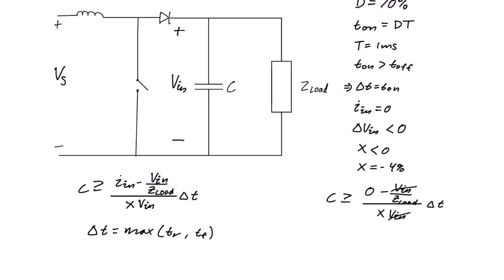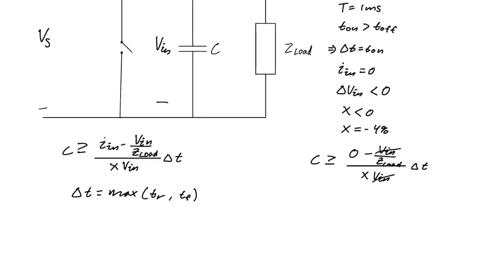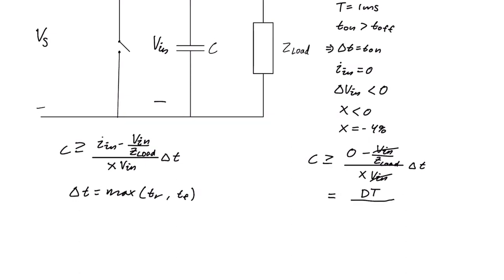It will cancel each other. So that leaves us with delta T over 4%, right? Multiplied by Z load.